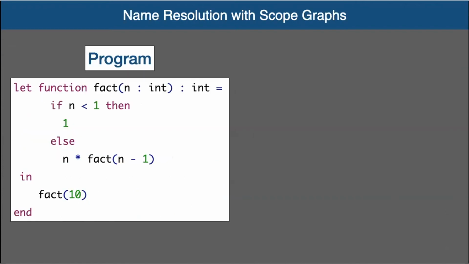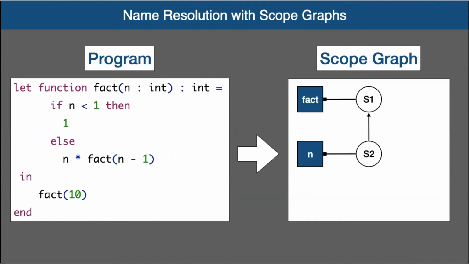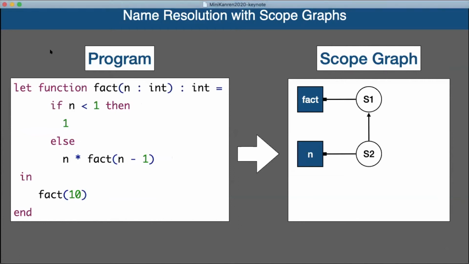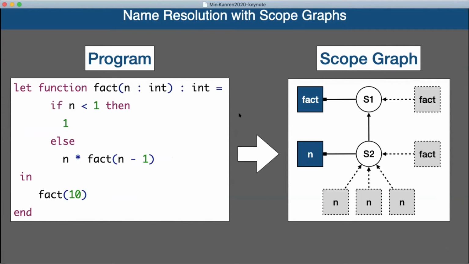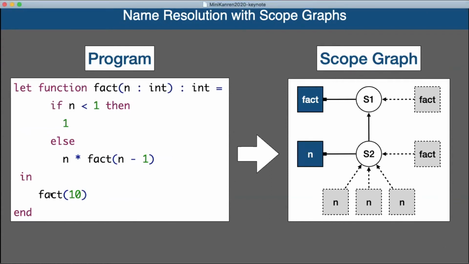So how does it work? We take a program and map it to a scope graph, which consists of scopes, which are regions in a program that behave uniformly with respect to name binding. We have declarations in the program, declarations of names such as fact or n. Over here, these are declarations of names. Then we have references, so the references to fact here and here.